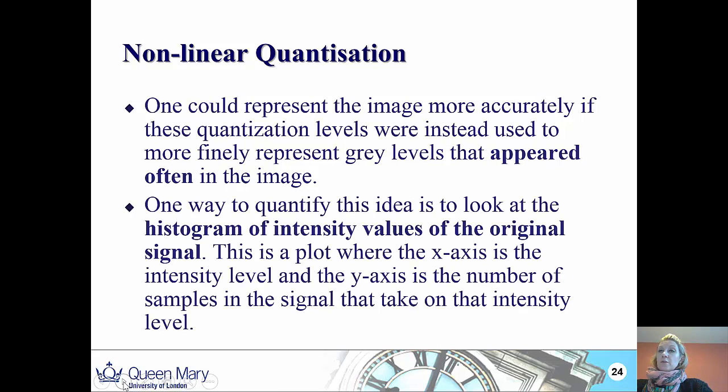So one way in order to understand how this can be achieved is to look at a histogram of the intensity of values in the original signal. Okay, so we can plot the x-axis being the intensity level and the y-axis as a number of samples in the signal that take on that intensity level.